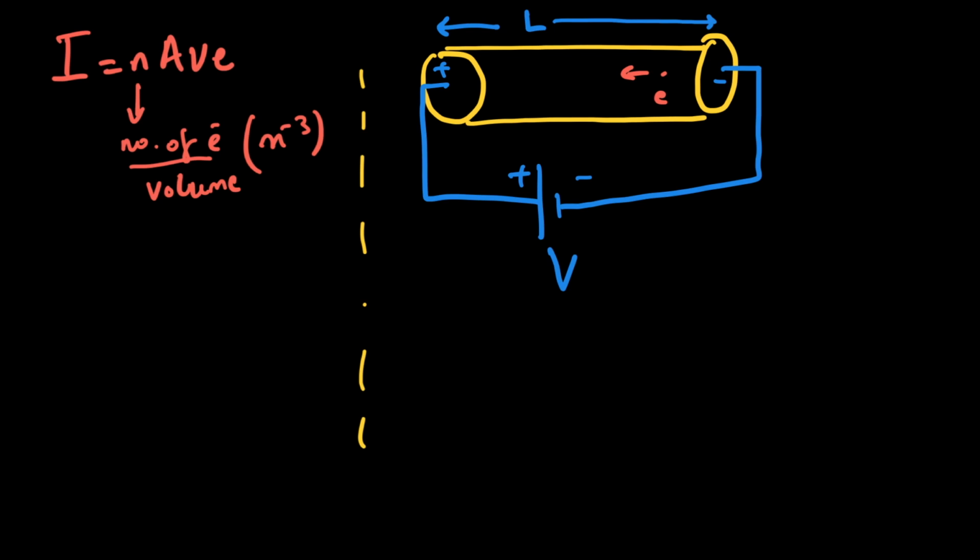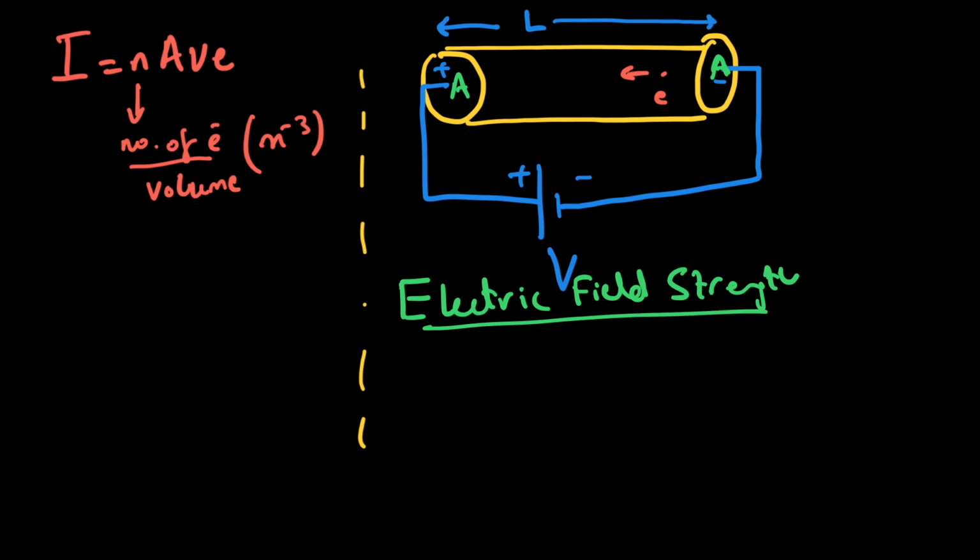Now, this wire has an area A and a length L. There's a construct called electric field strength. Right now, I'm not going to go into a lot of detail, but all you need to know is that electric field strength is defined as the force per unit charge.